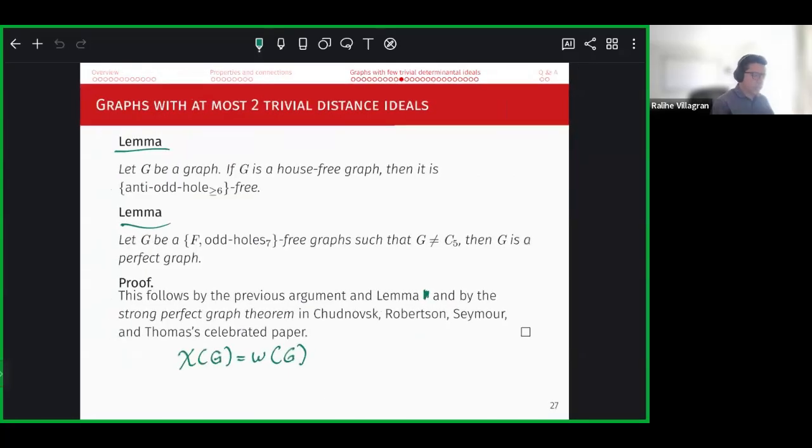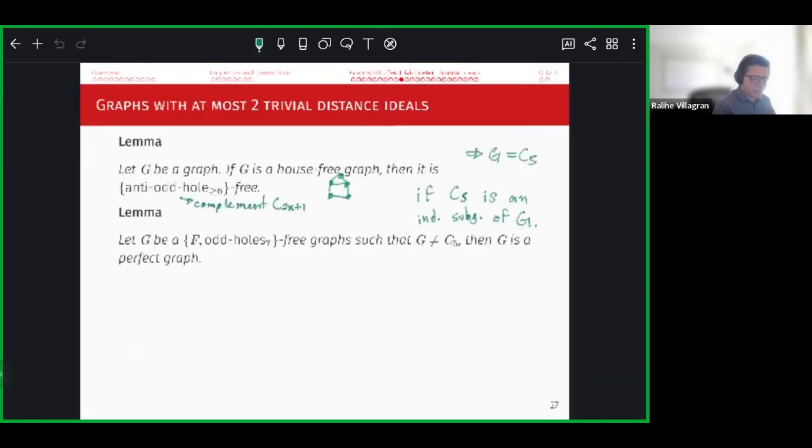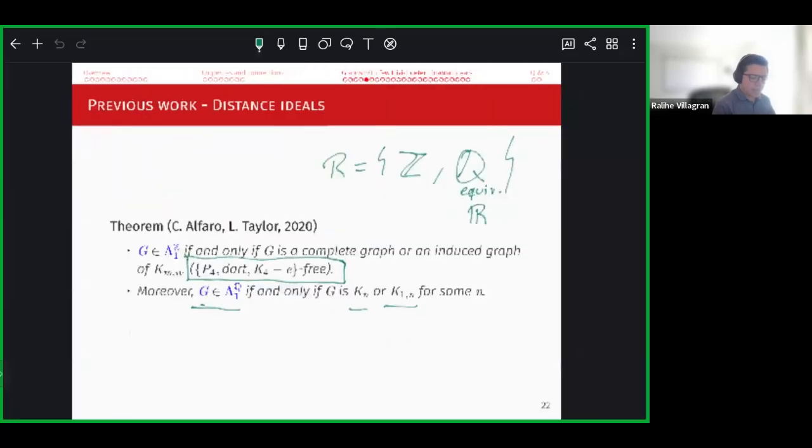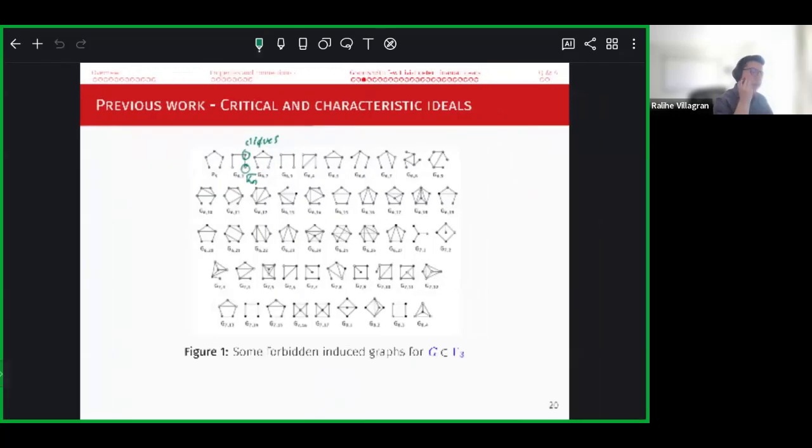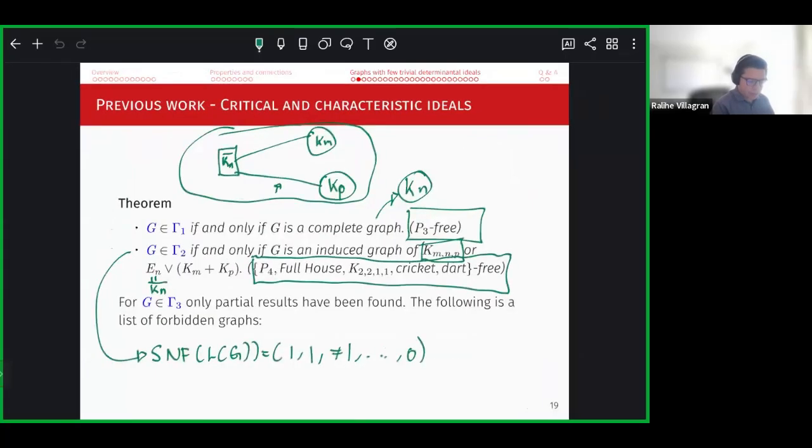You have all of these forbidden graphs, but it's not yet characterized. But for the rationals or reals, it's also characterized for these two cases, but not for this case. The same work is done for the distance one, with a similar result. That's right.